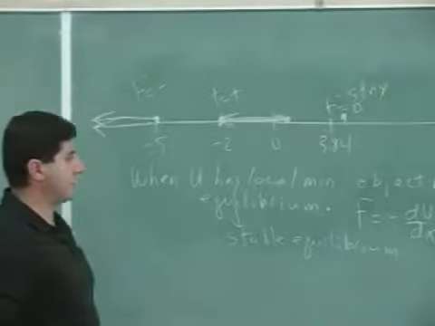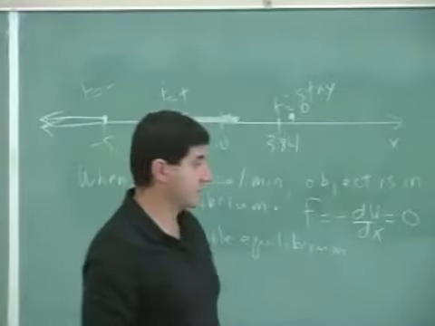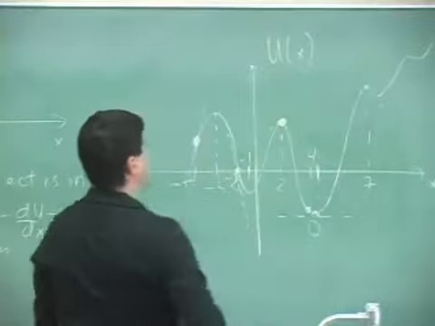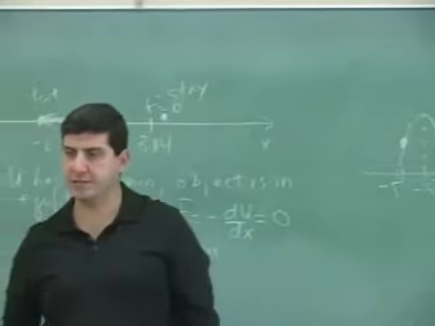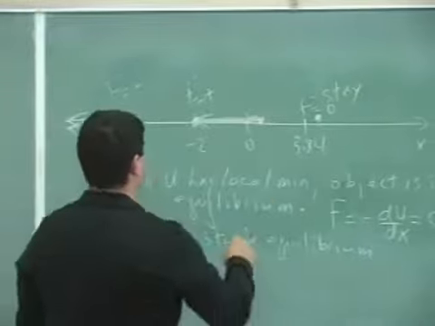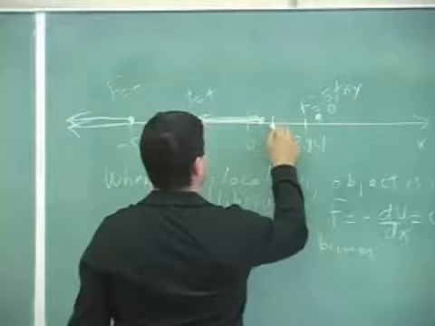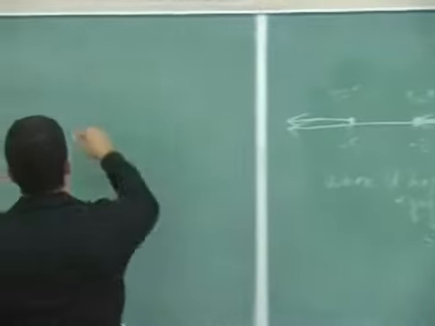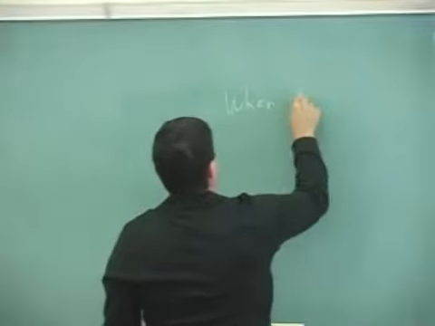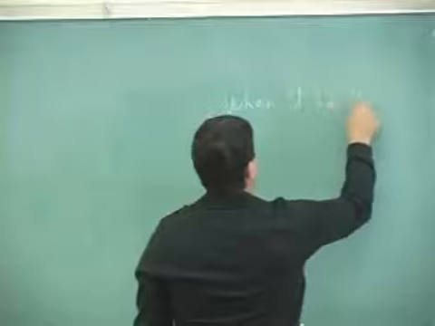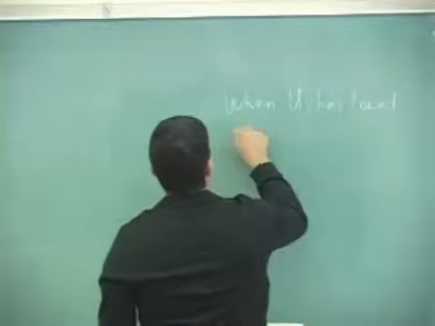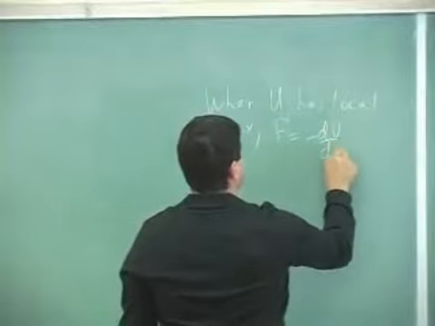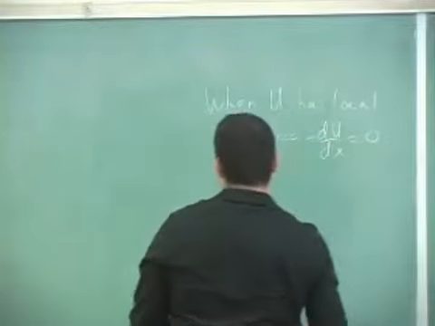How about when the potential energy has a local max, let's say at the point 2? If I place the object there, what happens? At x equals 2, the force is again 0, right? So when potential energy has a local max, F, which is negative the derivative, is 0.